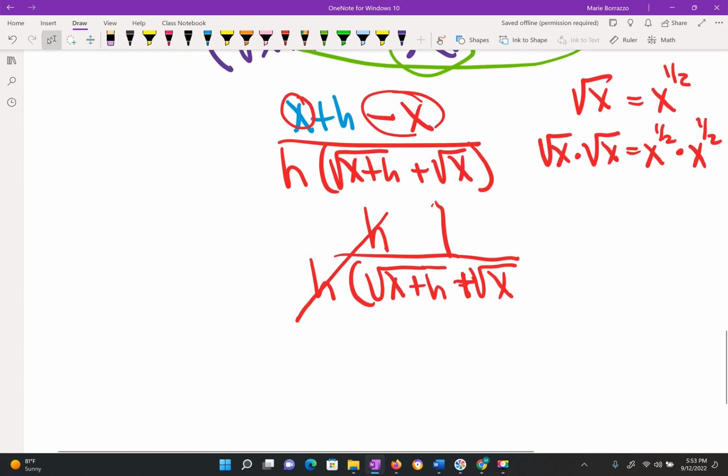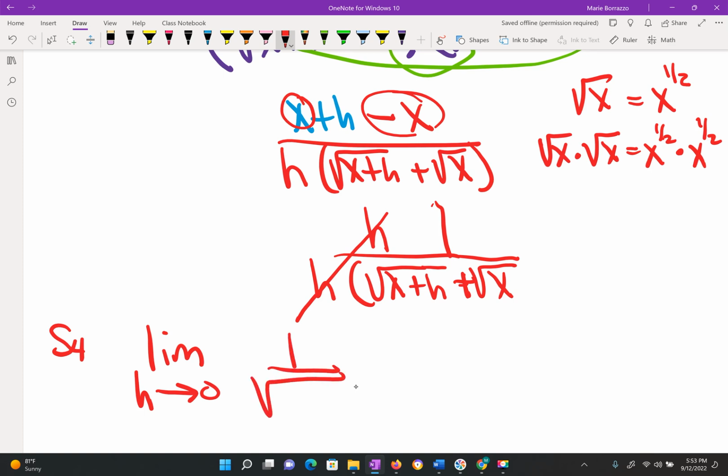That's it. Step 4, we're going to say the limit as h approaches 0 of 1 over the square root of x plus h plus the square root of x.